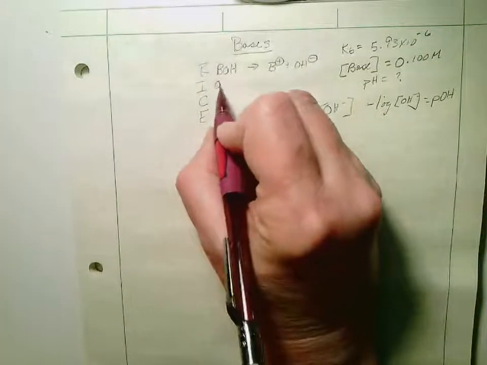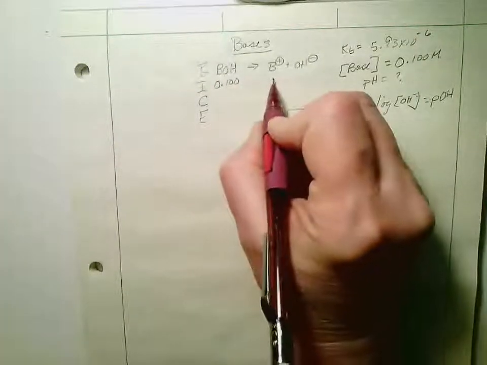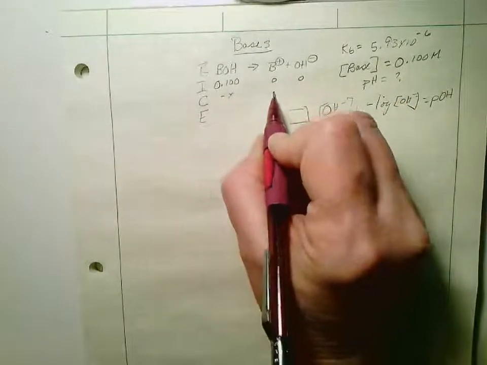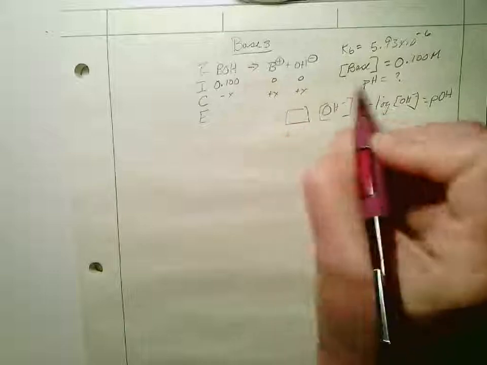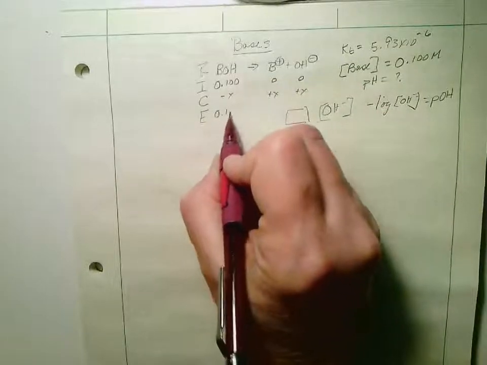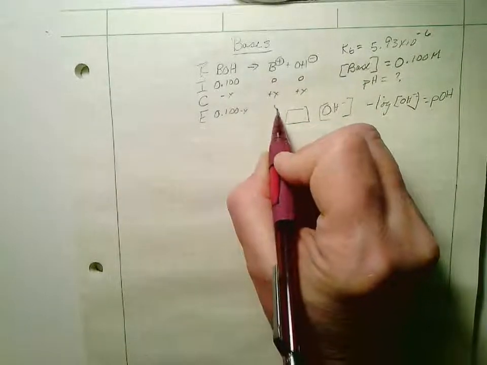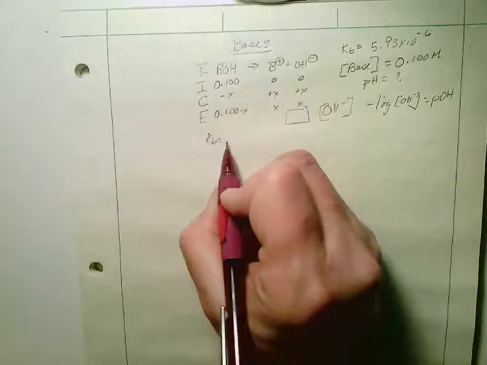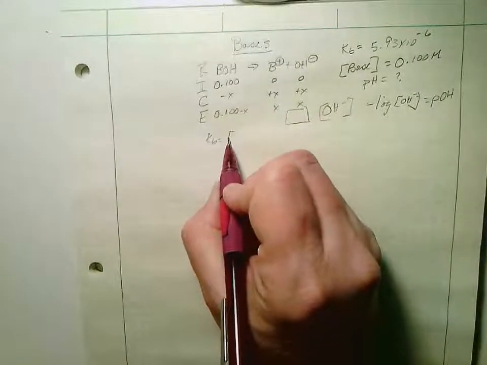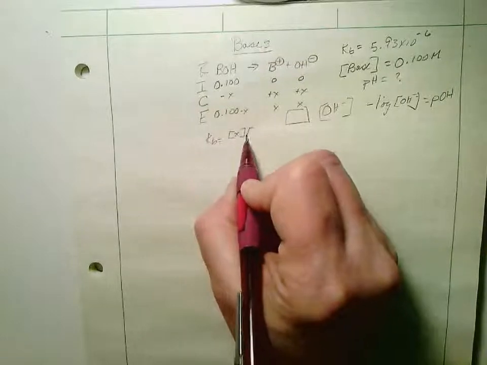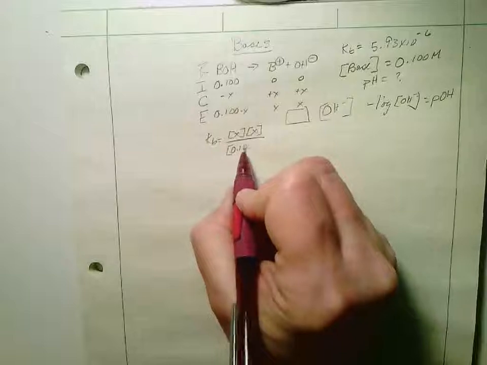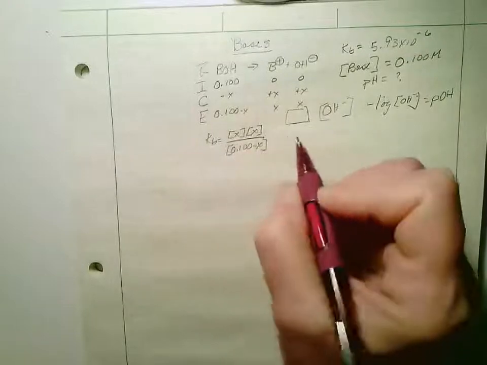One more step. So initial 0.100, 0, 0. Lose x, gain x, gain x. 0.100 minus x, x, and x. Kb is going to equal x times x divided by 0.100 minus x.